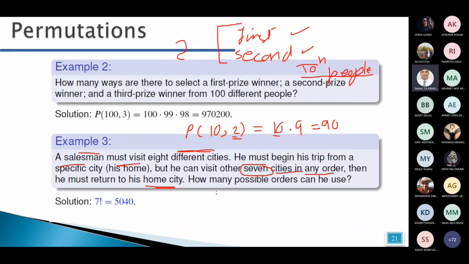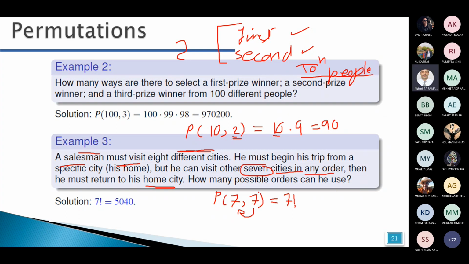So actually, it's permutation for selecting 7 cities out of 7 cities. When we have n out of n, the permutation is n factorial, which is 7 factorial.